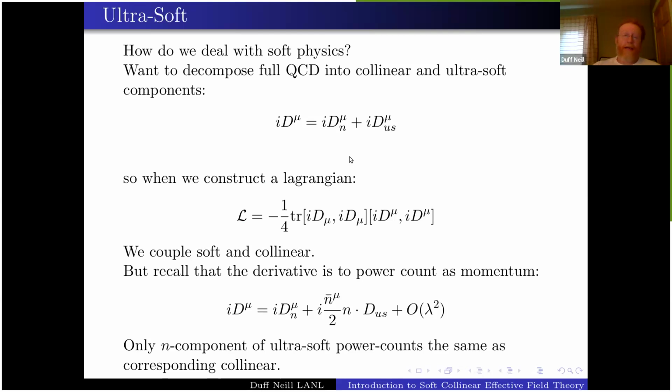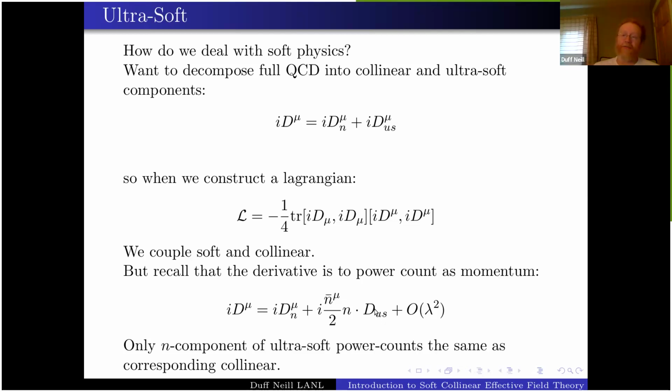And so when I write down my full covariant derivative as being this collinear covariant derivative plus an ultrasoft covariant derivative, the only component of my ultrasoft covariant derivative that I'll have to worry about is the n dot component of that ultrasoft covariant derivative.